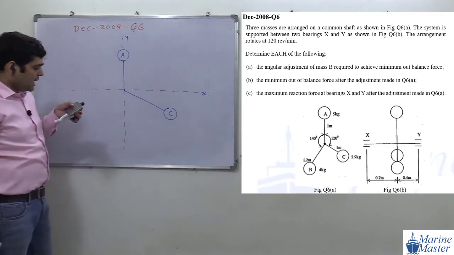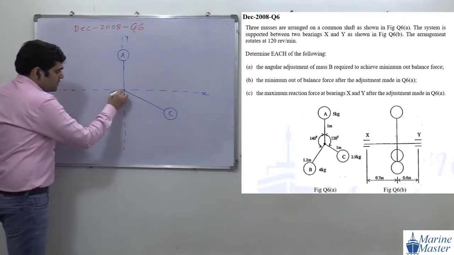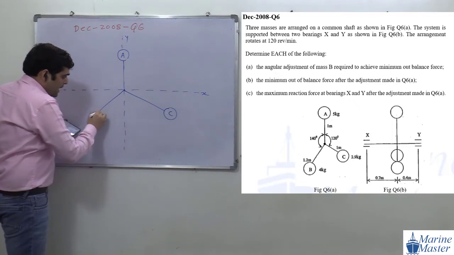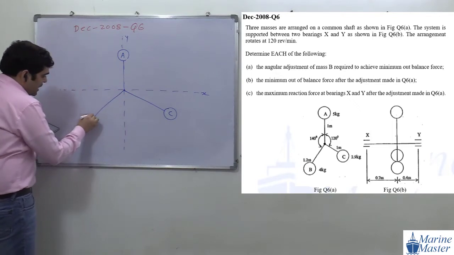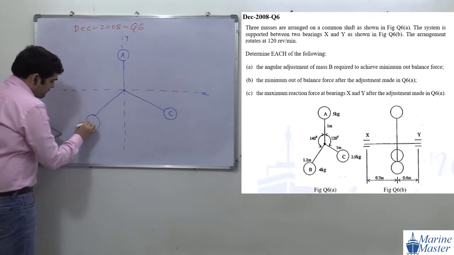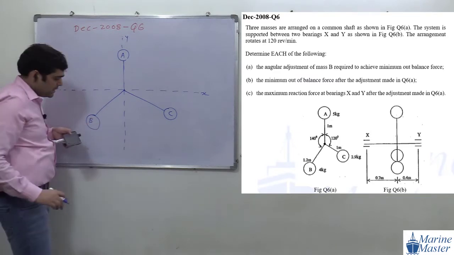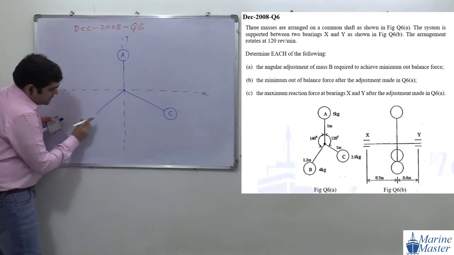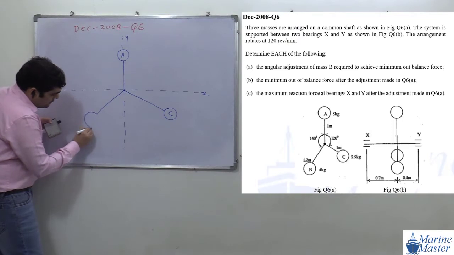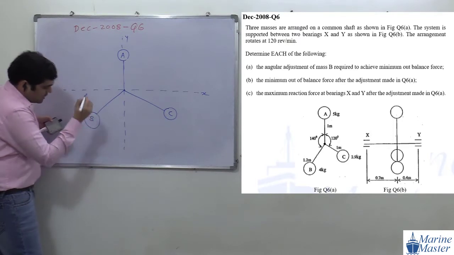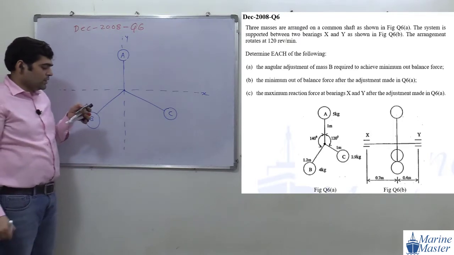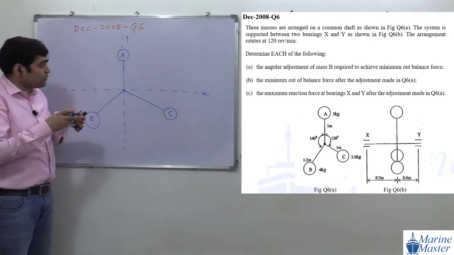And then we have mass B here. Everyone, try to see the scenario. I am going to read the question.